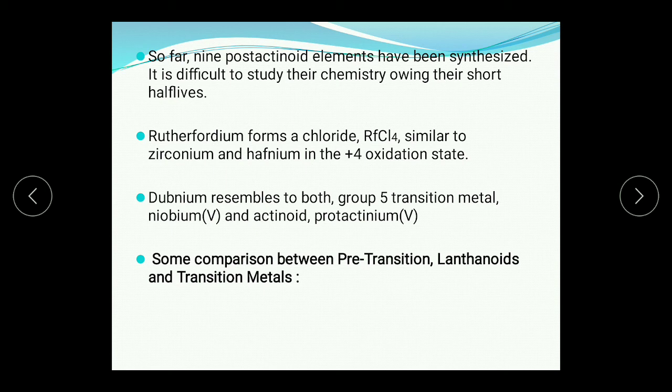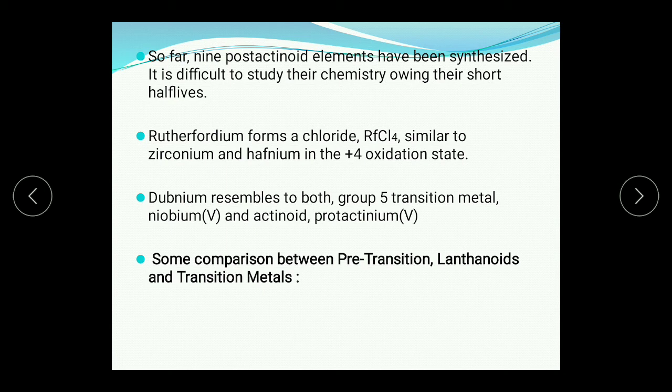Both are V, that means they show the +5 oxidation state. So among the postactinoids, dubnium resembles two metals, niobium and protactinium. Understood? So this is all about postactinoid elements.